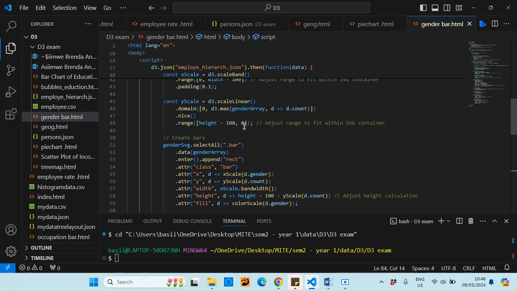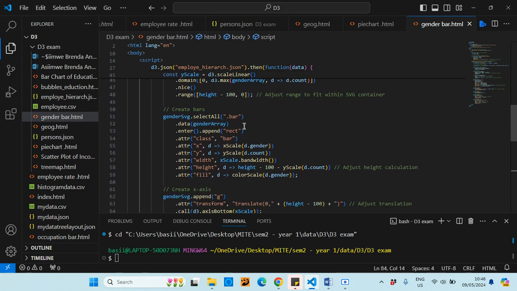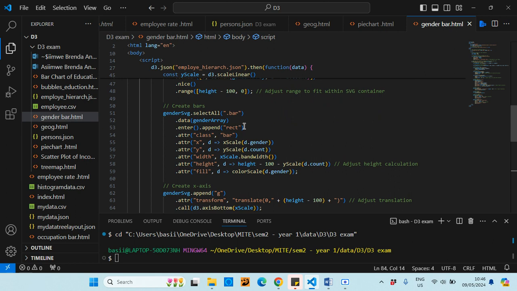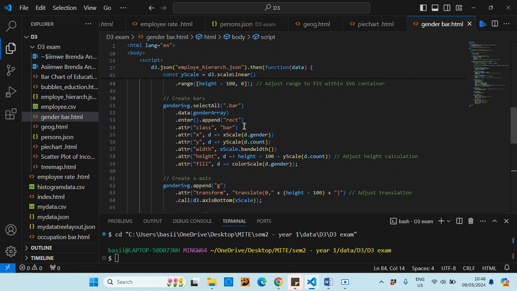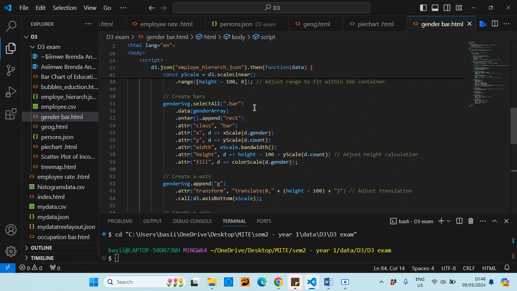Then here we are going to start the part for creating the bars. We create bars for each gender, and then we create the attributes for x, y, width and height.